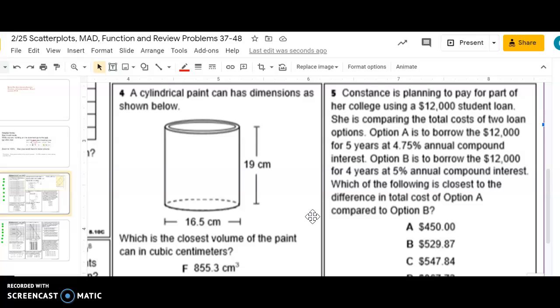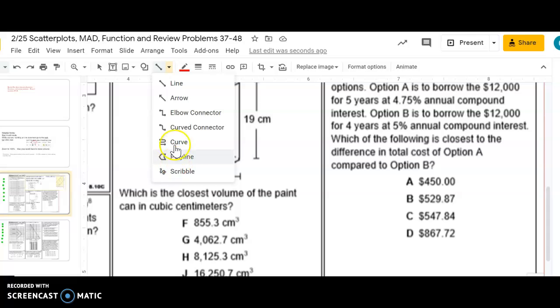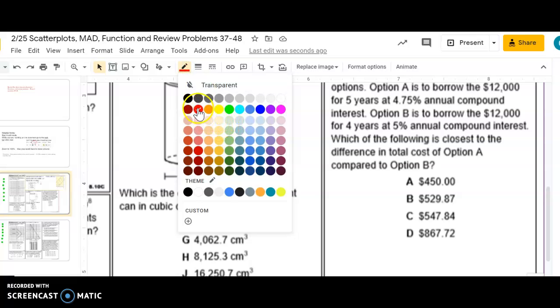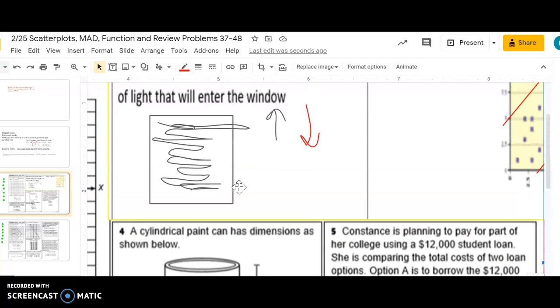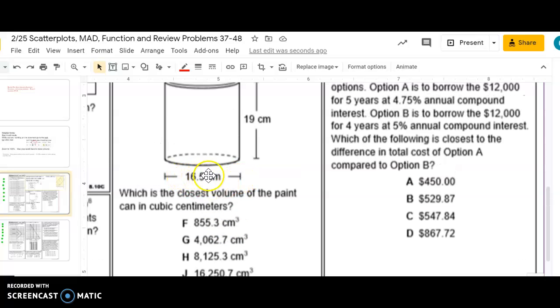Closest to the volume of the paint. So we are doing volume. And so it's big B, big B. It's not letting me draw now. I don't know why it's not letting me draw. It would be big BH. And so it's pi r squared H. Your R is, that's your D. So your R is 8.25.